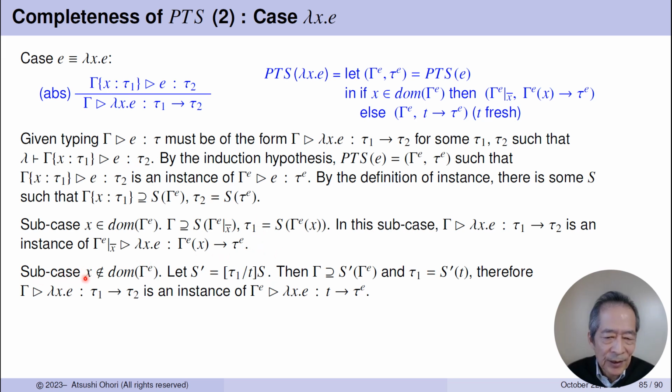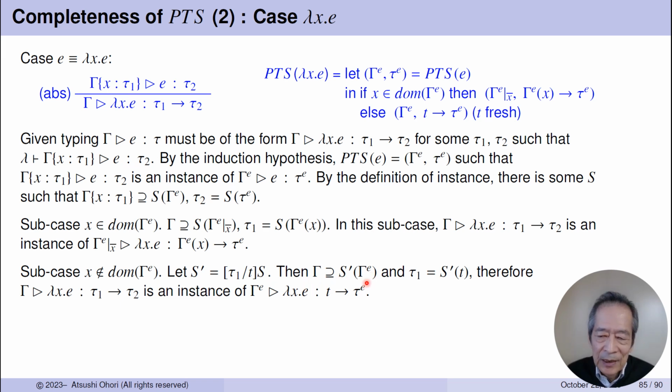The other subcase: x is not in the domain of gamma E. In this case, we make another substitution S prime by composing the one-point substitution, where T is mapped to tau 1, with the given S. Then S prime applied to gamma E is a subset of gamma, right?